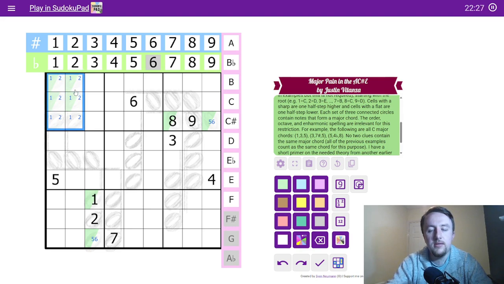because if 2 and 8 go on the same triad, then isn't this just another one of these? We've already used, 2 and 8 represent D and C, respectively.